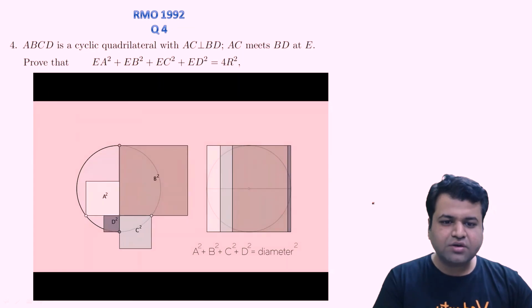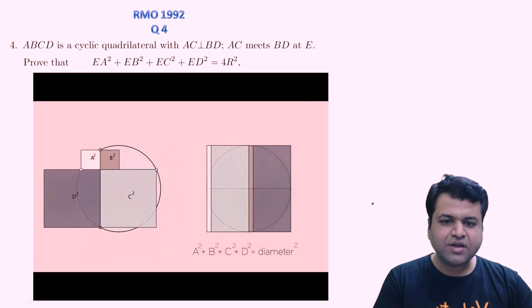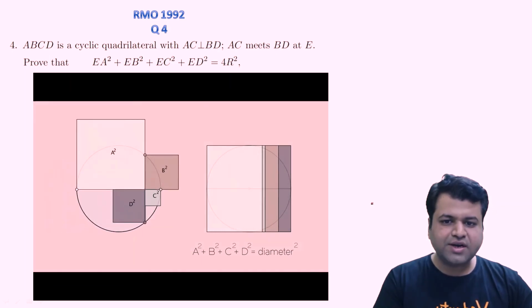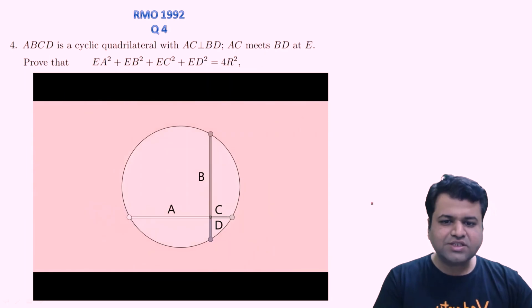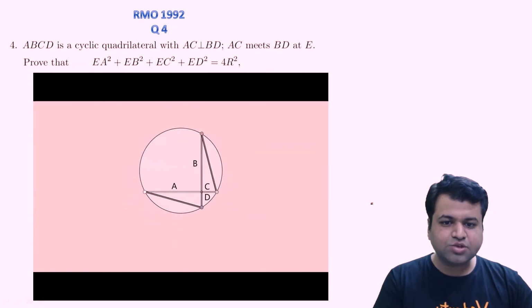Now if we add all these areas, what we got is a square whose side is nothing but equal to the diameter, which is 2r. So geometrically this seems to be equal to 4r square. This is a simulation. Now let's see what happened exactly. EA square plus EB square, that is a square plus d square, is equal to the hypotenuse square.